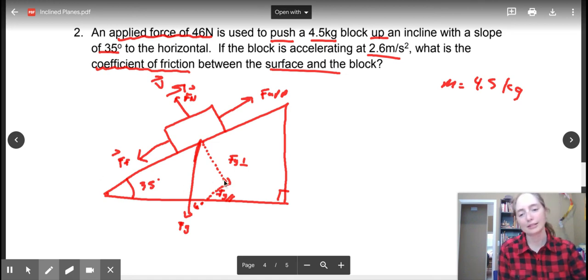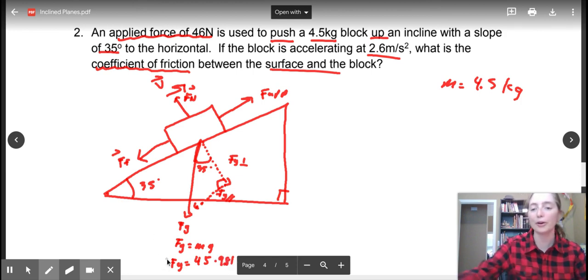This is the 90-degree angle. This is 35 degrees. So let's just get our value of Fg right off the bat. Our mass is 45 kilograms. We're going to multiply that times 9.81 meters per second squared.